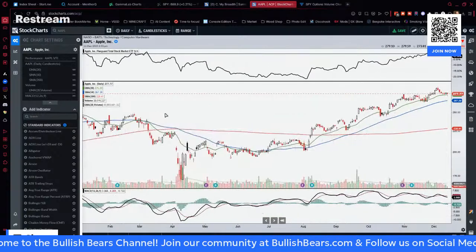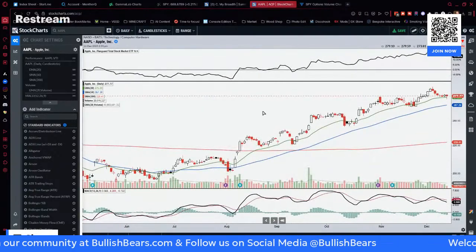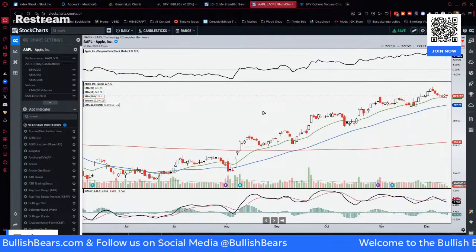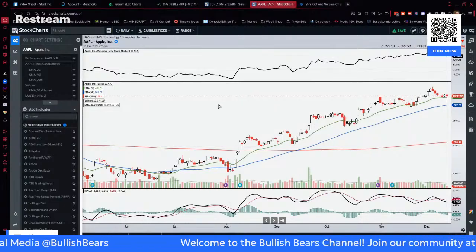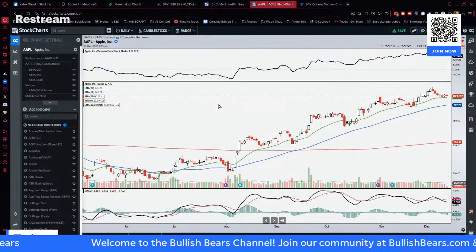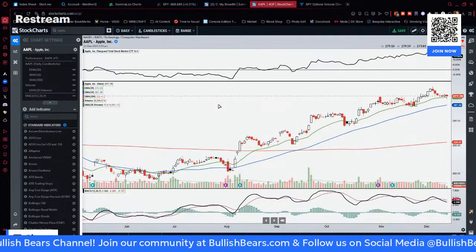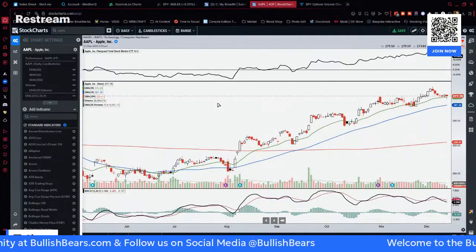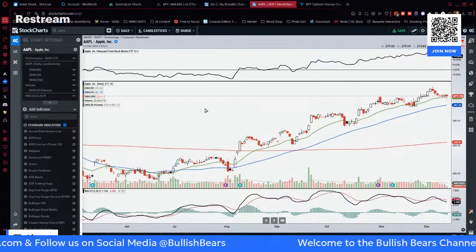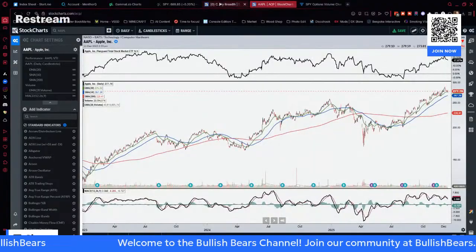Still, to each their own. This is a fantastic site for swing trades and long term trades. If you're day trading, do not use this, right? Please, because this is just not going to help you at all. And I think it would handicap you seriously bad. But swing trades and long term trades, yeah, this would be a good site to use.